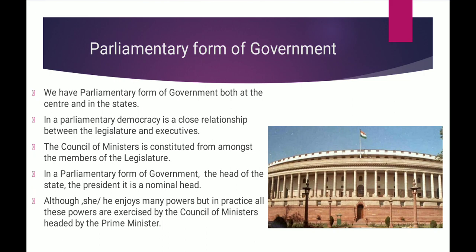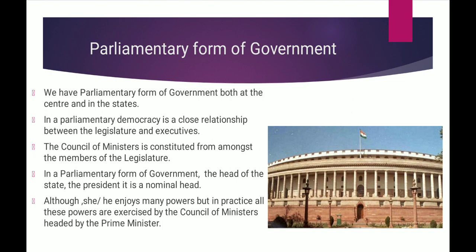In a parliamentary democracy, there is a close relationship between the legislature and the executive. You know very well the three organs of the government: legislature, executive and judiciary. Legislature and executive are closely interrelated. Without the legislature, the executive cannot work, and without the executive, the legislature cannot work.